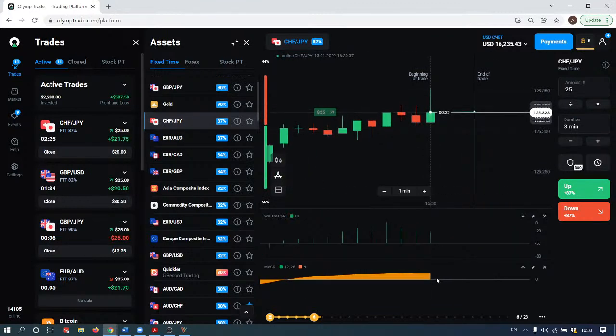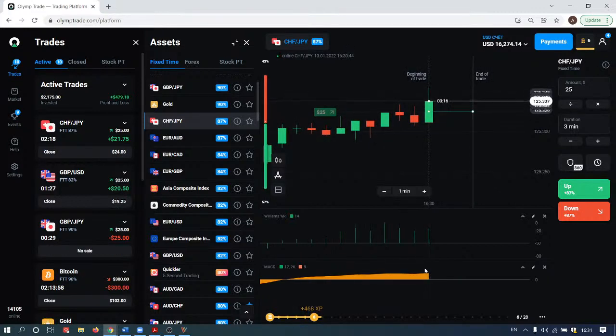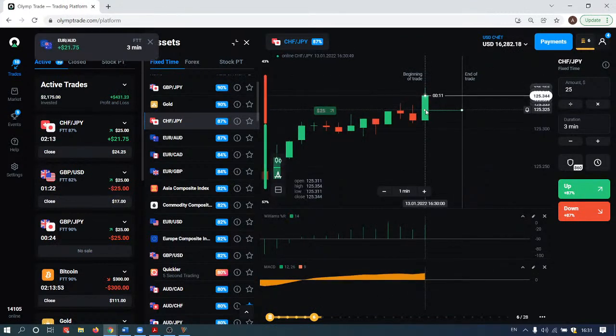Where are they now? They are both above the midline. That's when we need to open trades in the upwards direction. They are both here, so I can even open another trade here.